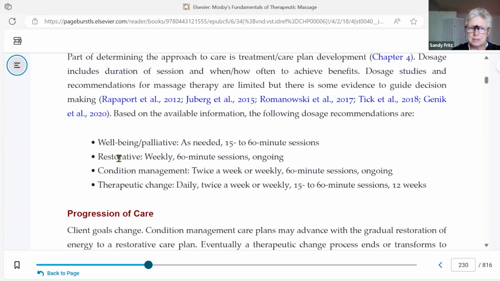Restorative, if somebody is really going to use massage to maintain and support their health status and to improve their health status, then it's weekly for about a 60-minute session. Now that doesn't necessarily mean 60 minutes on the massage table. It's usually about 50 minutes on the massage table, but more often in this situation is better than longer and less frequently.